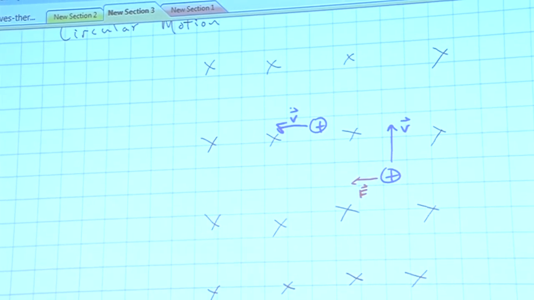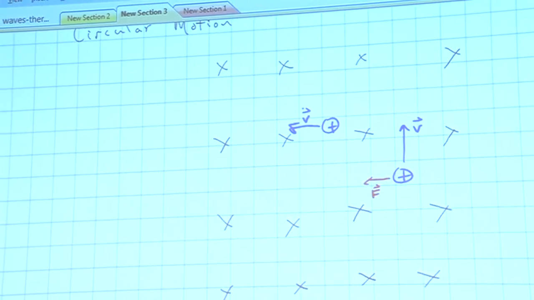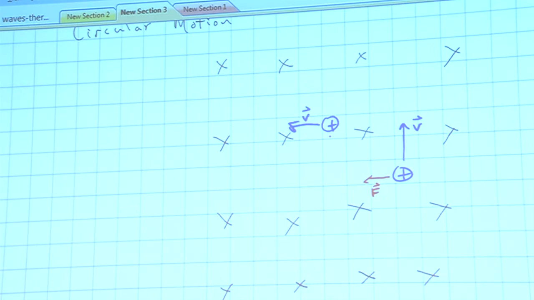What direction is the force on it now? So at some instant later, I'll try to draw an intermediate one. It's over here, going this way. What direction is the force?